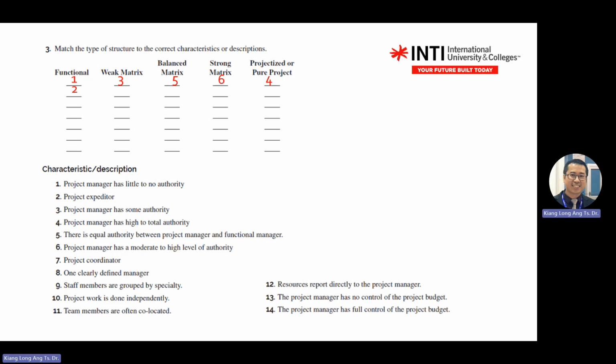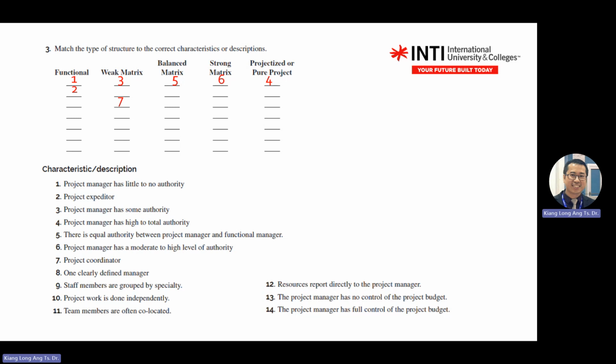Okay, project coordinator. Where will the project coordinator appear? What is your guess? Number 7. Project coordinator, sure not functional. So it will be weak.